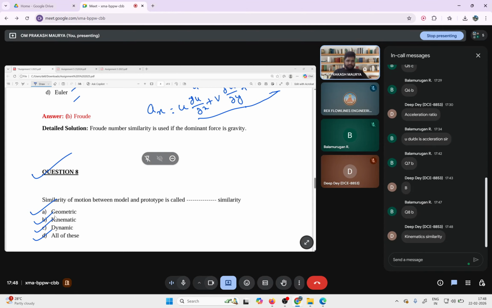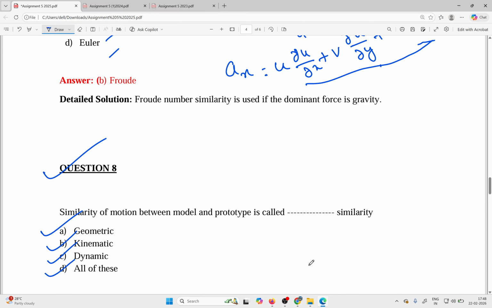Kinematic similarity, that's fine, very nice. The question is asking about the motion. Remember, one term is very important here: motion. Not overall similarity. So for motion, we'll go with kinematic. You both are correct here, so option B is correct for question number 8.